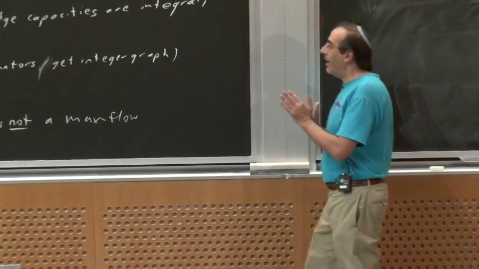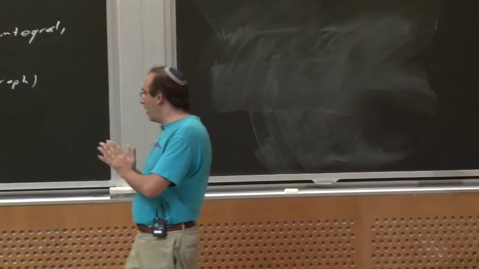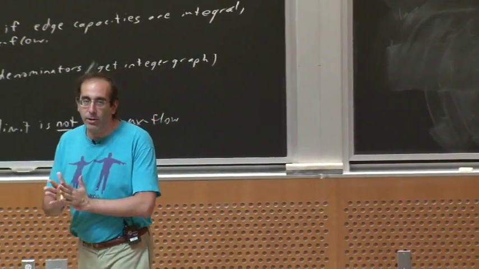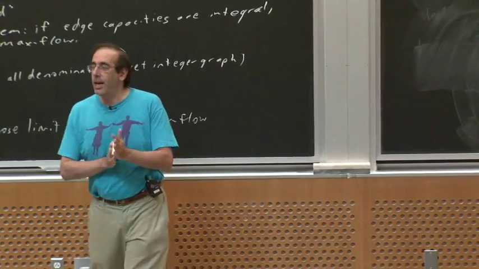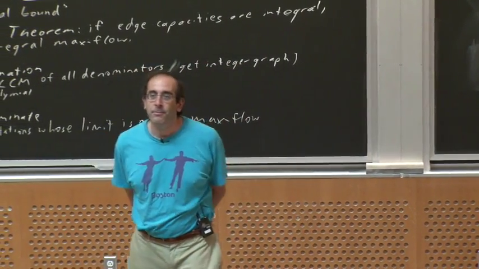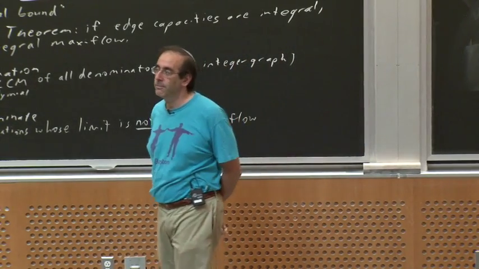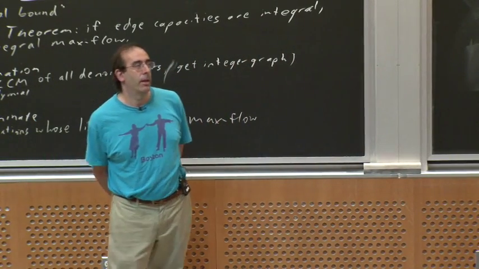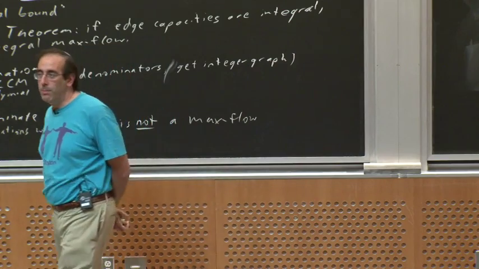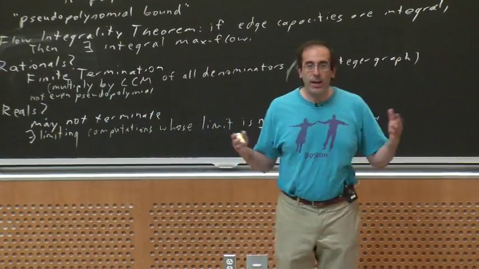All right, so let's try and improve things a little bit. What we said is that if you find any old augmenting path and augment on it, then that gives you an algorithm. So if we wanted to get a better algorithm, what would be a natural thing to try? We've specified a very generic algorithm here, right?